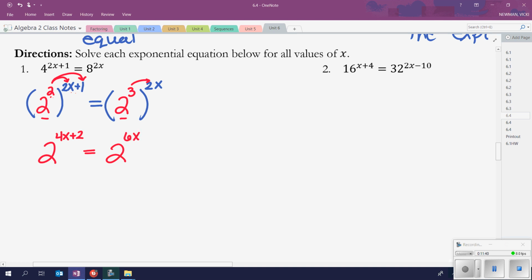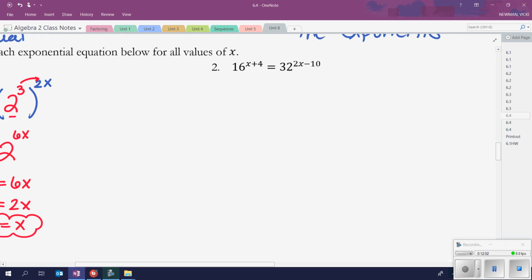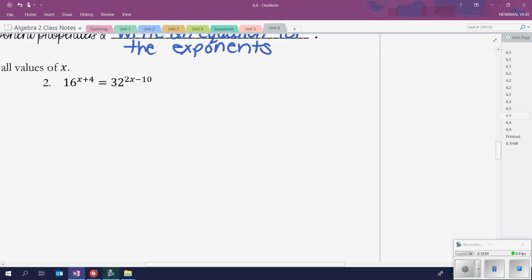Now that we have the same base, we can write an equation for the exponents like you did in homework 6.0. So 2 is equal to 2x, 1 is equal to x. Cool? All right, let's go to number 2. 16 and 32.